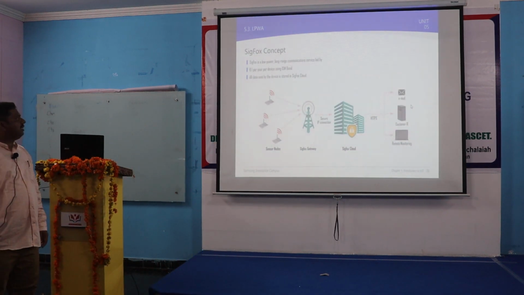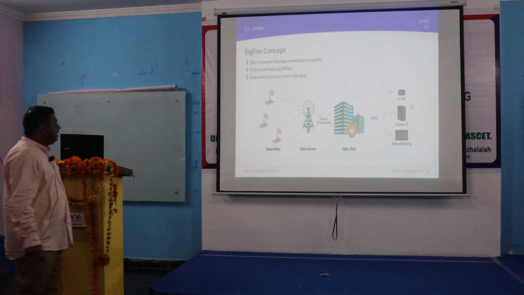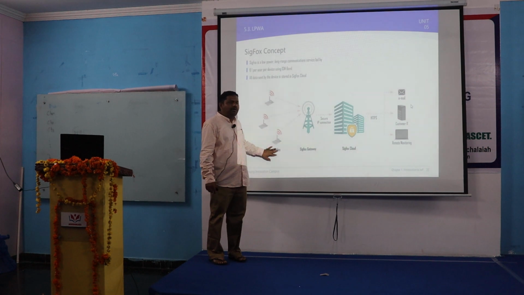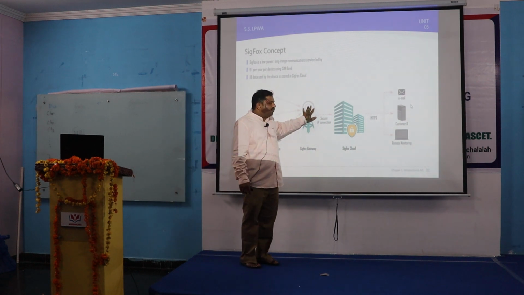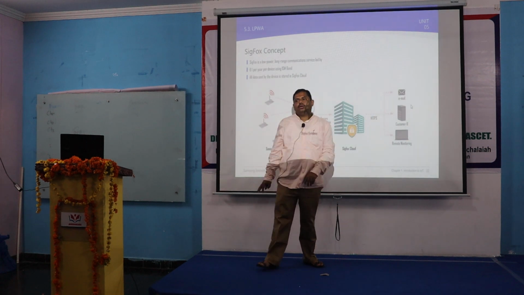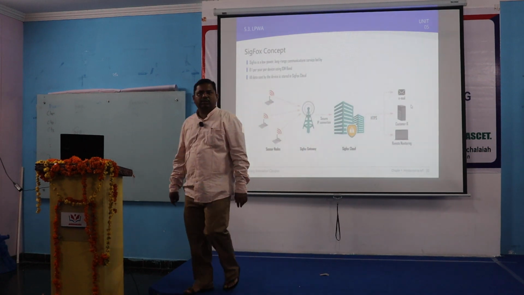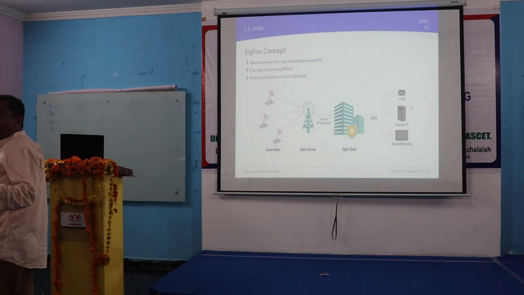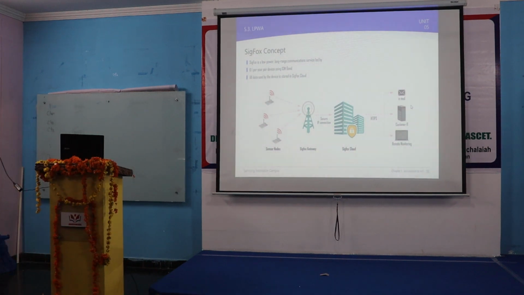With Sigfox, the same thing again. Connect various sensors here, collect the data by using the network. Same again: broker, cloud, then the users. But it is again the licensed one. Sigfox is the technology or software that uses the licensed band for long range, low power communication.